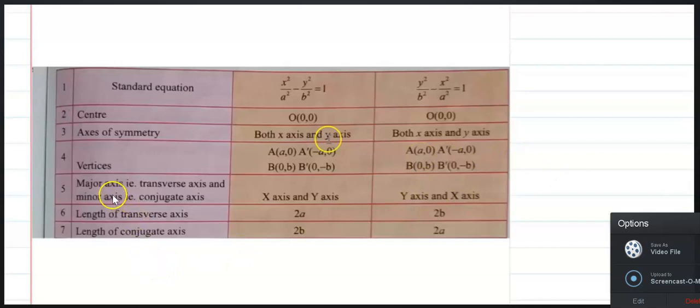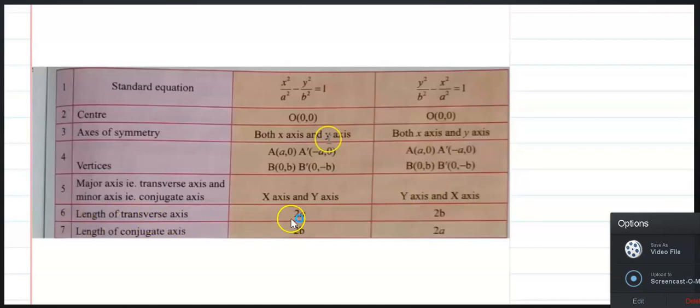Next is the measure of the transverse axis and the conjugate axis. For the first, the transverse axis is x and the conjugate axis is y. And for the second, the transverse axis is y and the conjugate axis is x.